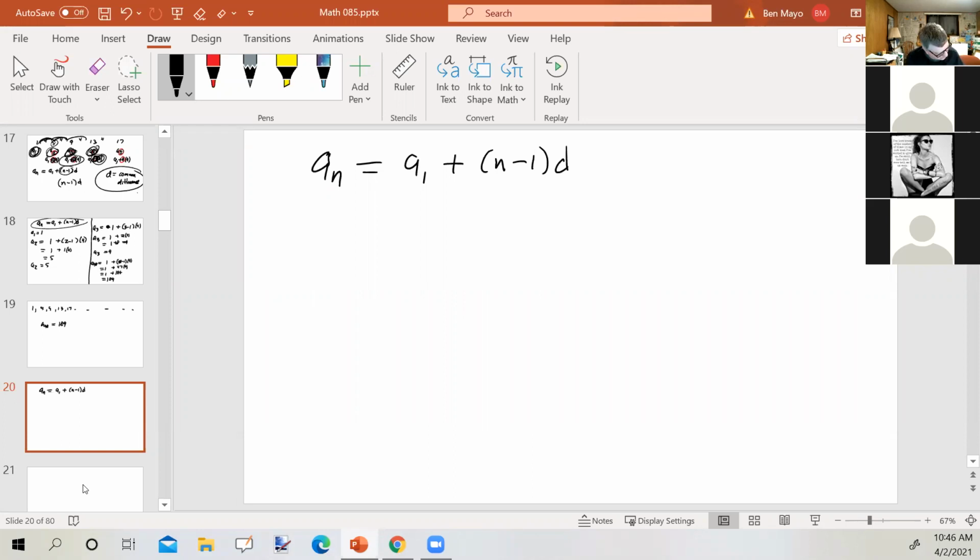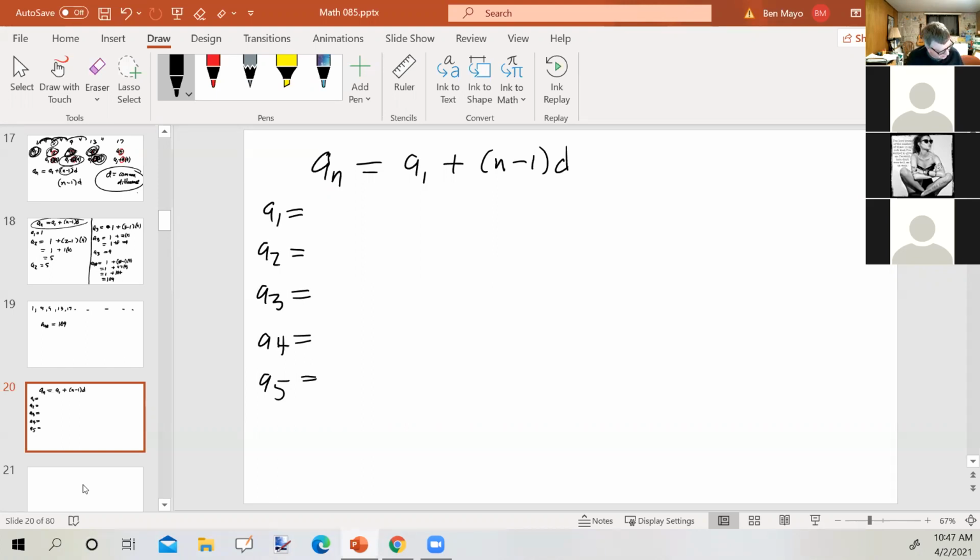Okay, this first problem says, write the first 5 terms of each arithmetic sequence with the given properties and find the specified term. So we want to find the first 5 terms of an arithmetic sequence and the specified term.